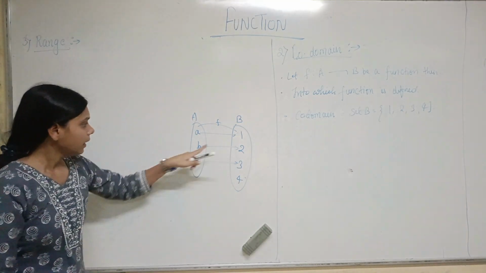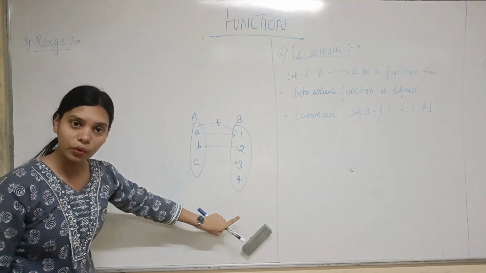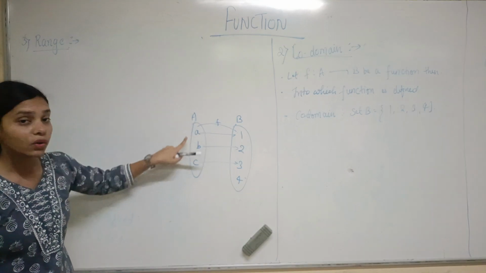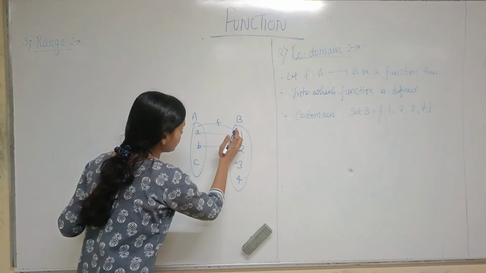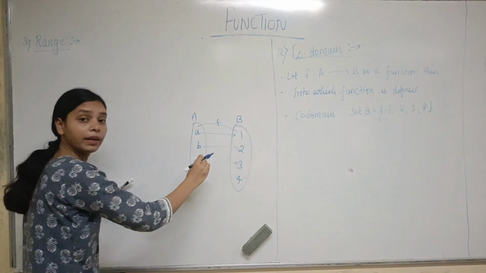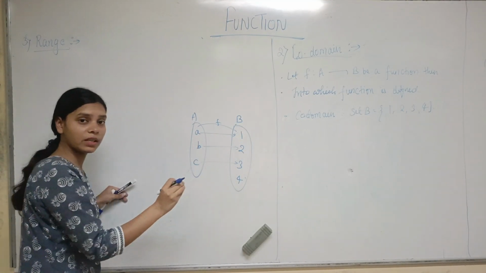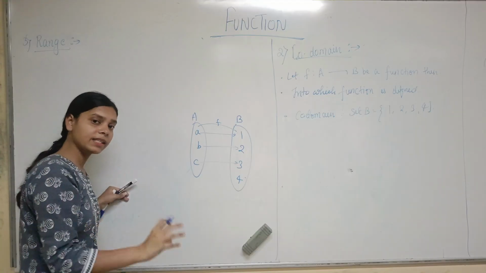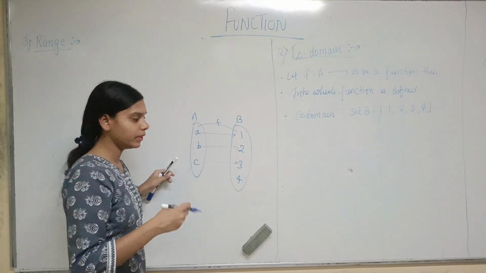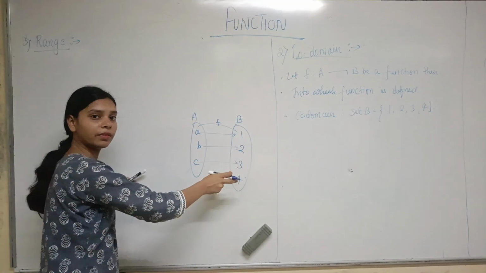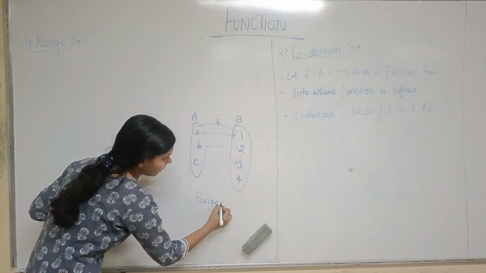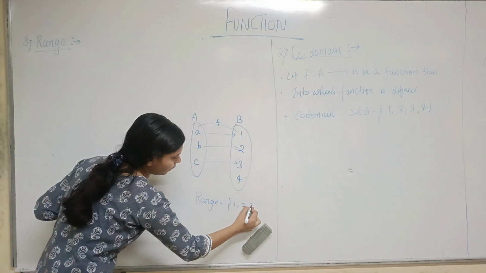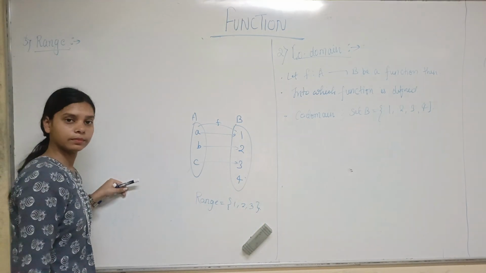In this way, this set is called the codomain and this set is called the domain. But range is the association, meaning we only take the elements which are associated, and that set is called the range of the function. So here the range of the function is equal to 1, 2 and 3. Right?